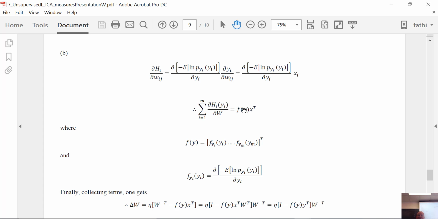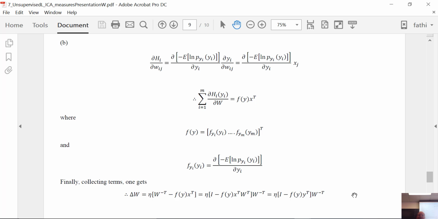Okay? This function should be a function, and this function, which is a vector function of each of the marginals, and then each one of those functions is going to be the partial of the entropy with respect to yi, this expression.